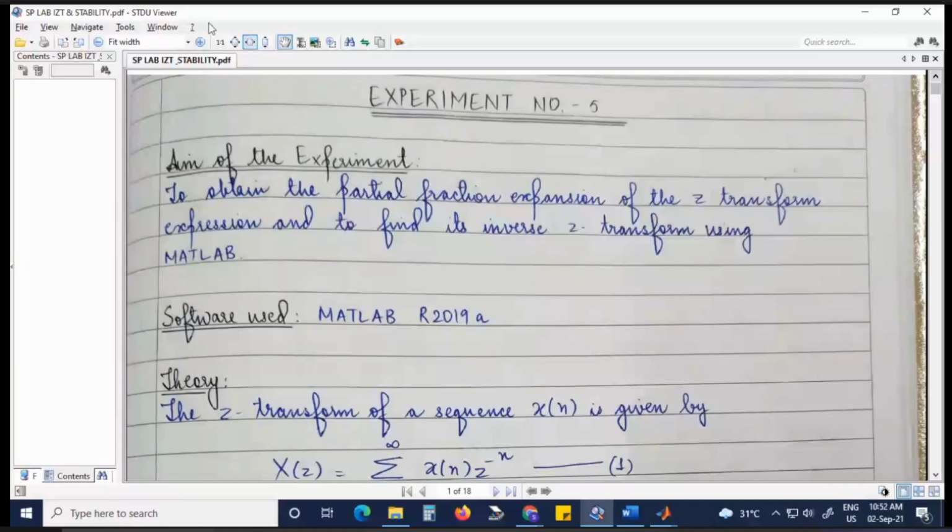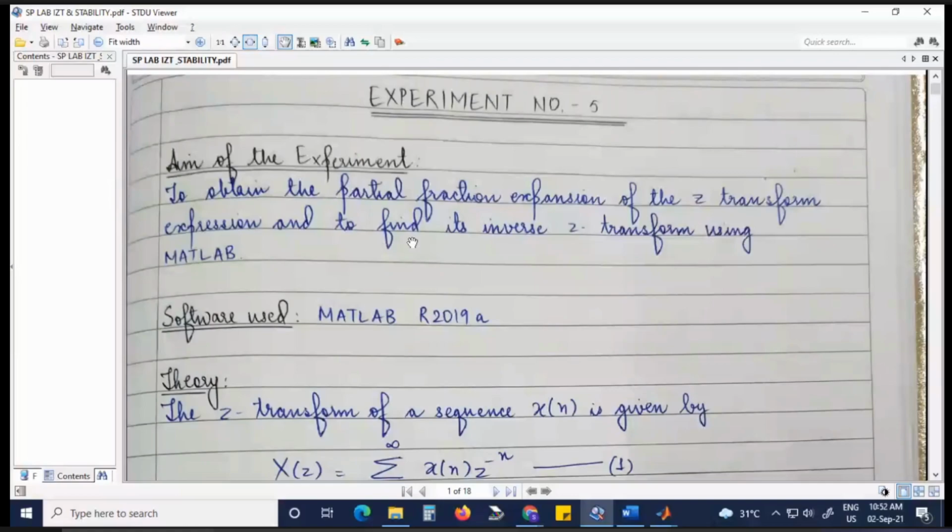So to obtain the partial fraction of the Z transform expression and to find the inverse Z transform, there are two parts. One is you have to get the Z transform of any sequence and plot or display that, and find the inverse Z transform of any given expression which is in the Z domain, or Z variable.